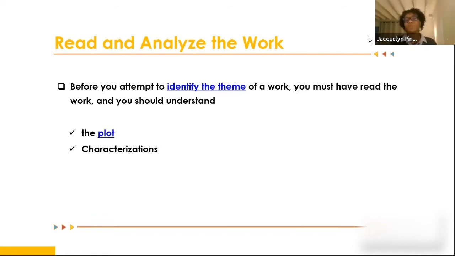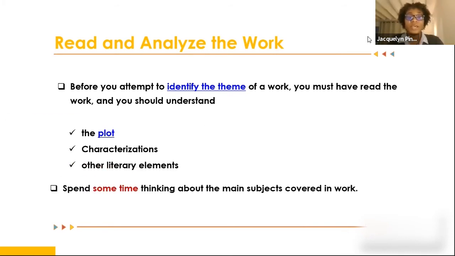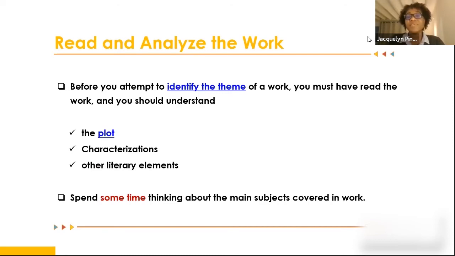But at least you know that even though this is a book that was read for pleasure, it still follows the structure of a literary work, of a novel, whether that's War and Peace, right? Something from Shakespeare. So they all follow the same type of structure, even if it's something that you're just reading for fun. So characterizations, other literary elements you want to identify, and then spend some time thinking about the main subjects covered in the work.